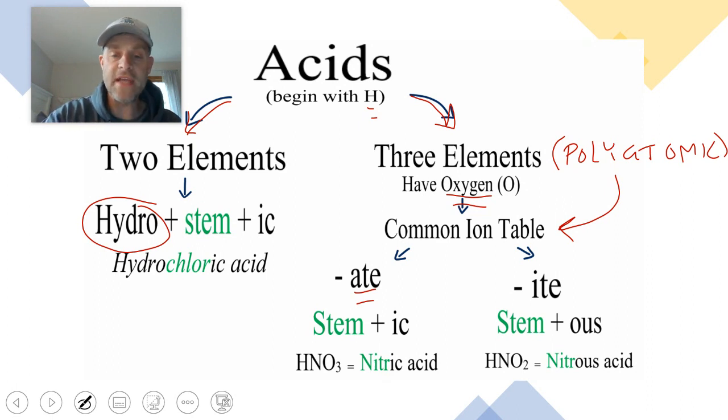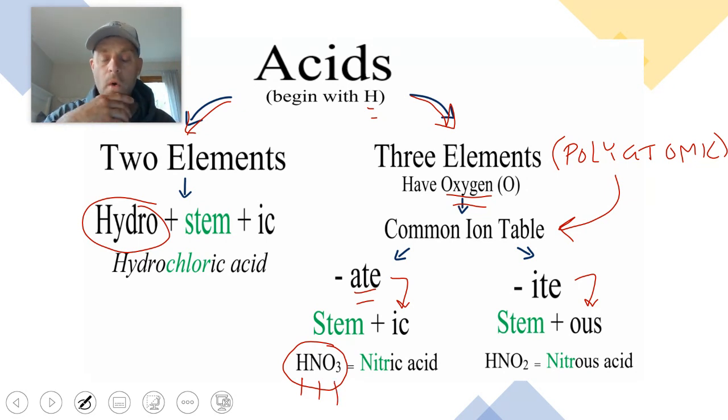And all I do, if it's ate, I change it to ic. If it's ite, I change it to ous. So for example, let's say you had HNO3. That is 1, 2, 3 elements, H, N, and O.